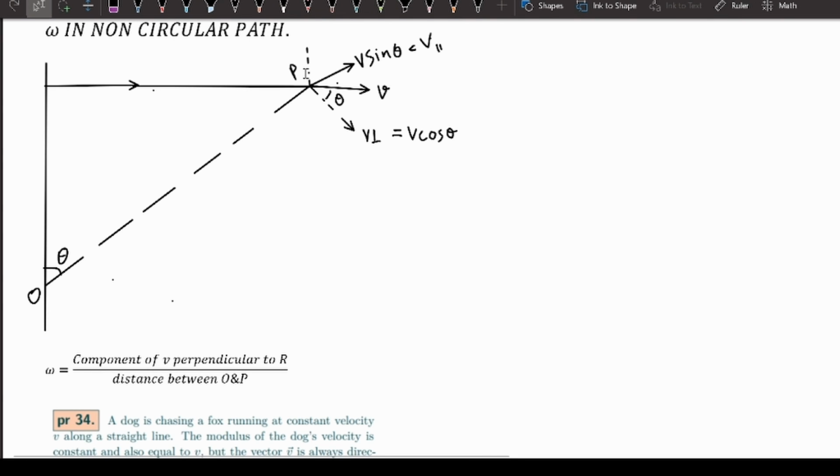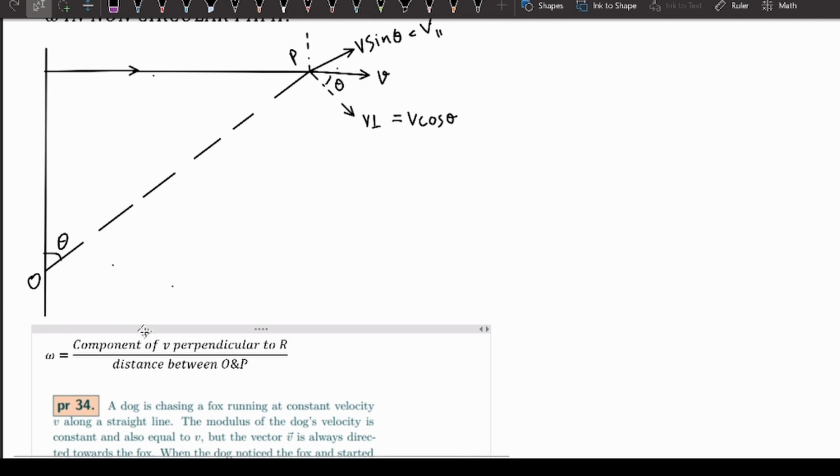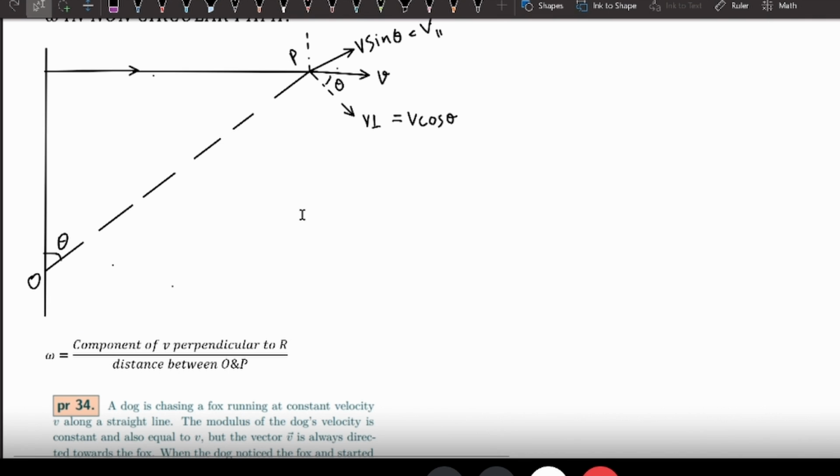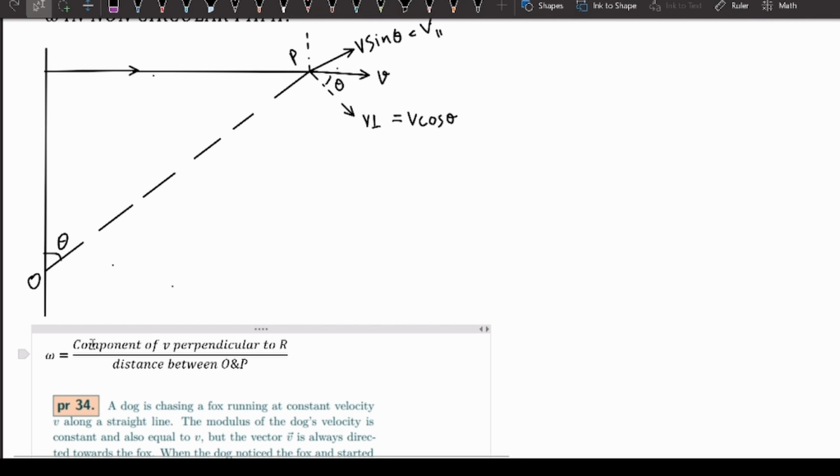So since v perpendicular is responsible for the change in motion, omega will be equal to the component of v perpendicular to r divided by the distance between O and P. The distance between O and P is nothing but the radius of the circular path.